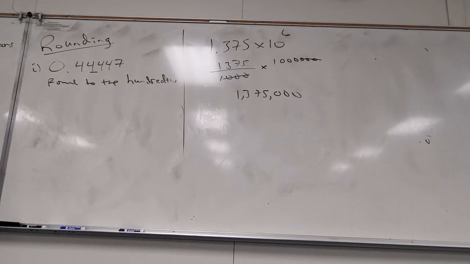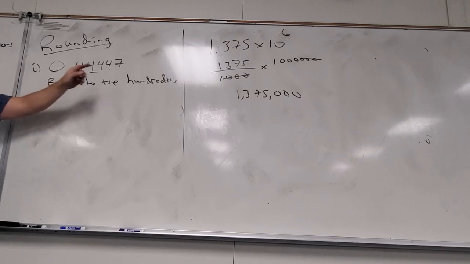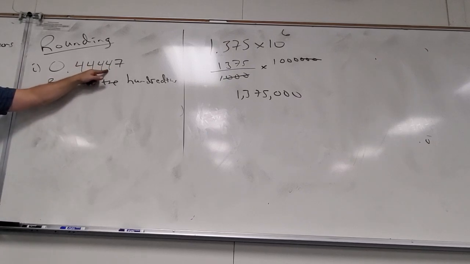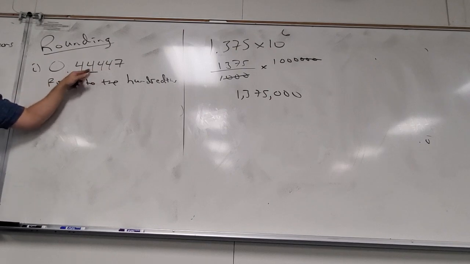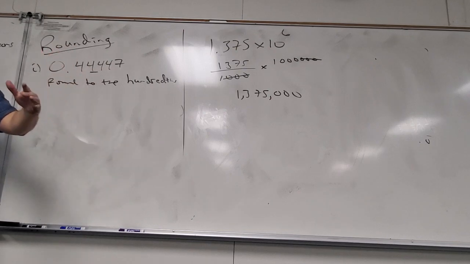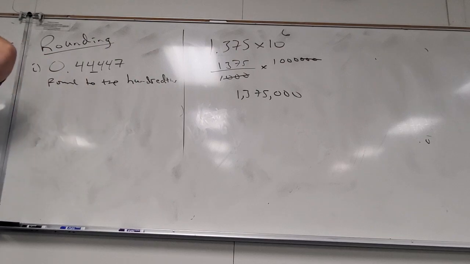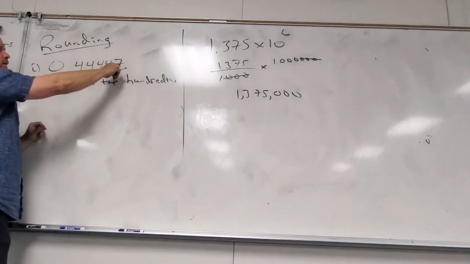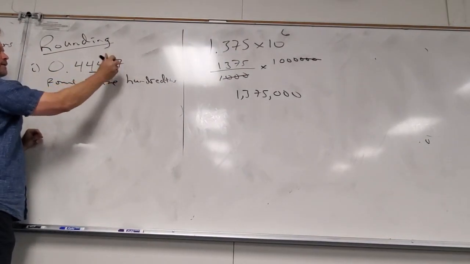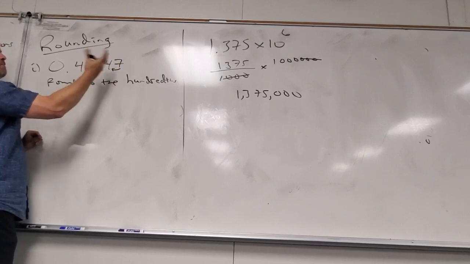So, of course, how do you round? You first identify the place you're supposed to round to, and then you look at the next number. Now, what I see people do is this. Well, that 7 makes that become a 5. Then that 5 would make that become a 5. No. I'm not talking about these places. That 7 cannot suddenly magically make that a 5.